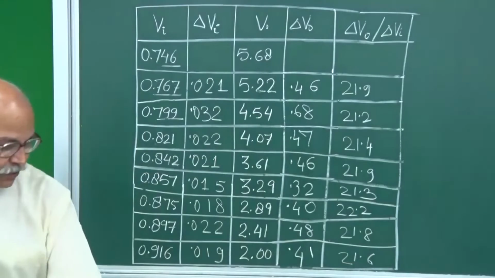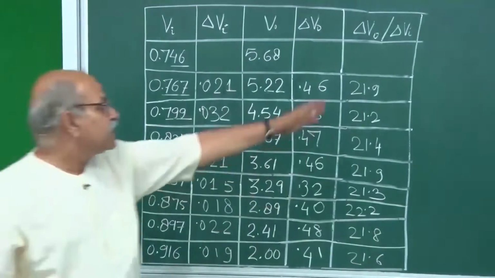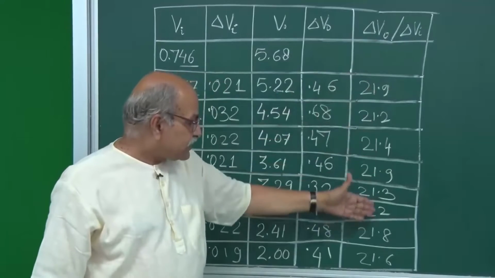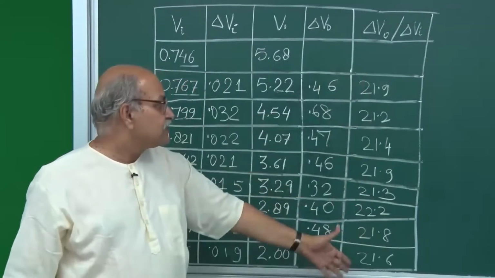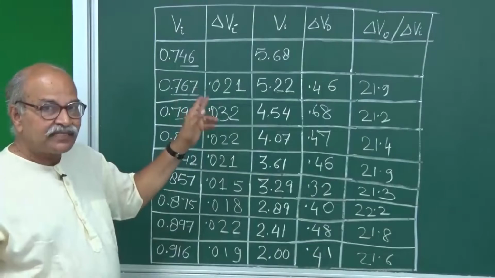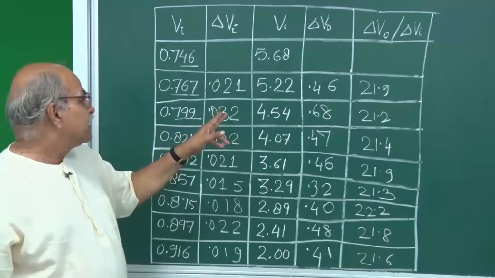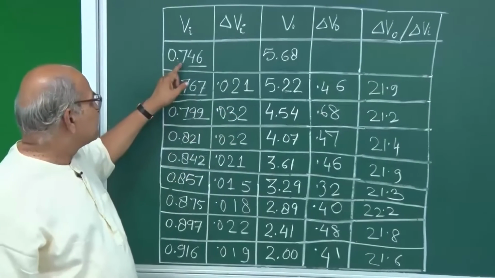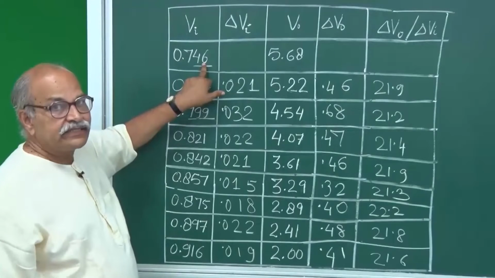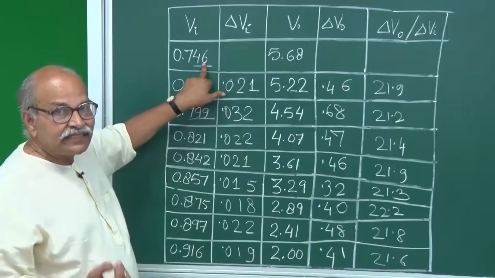All right. So you see it's very linear. Delta VO by delta VI is almost constant. It's between 21 and 22. And remember, each measurement has a least count. When I write this 746, this last digit here is least significant.